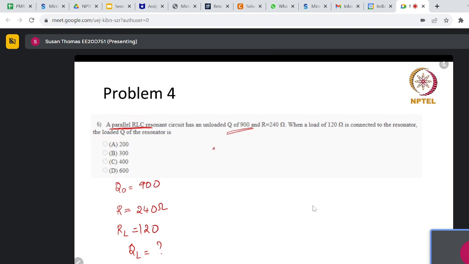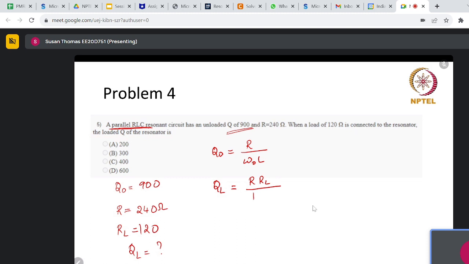So first of all, for parallel RLC, what is Q naught? R by omega naught L. Now, what is QL? See, the RL load is going to come in parallel, so you have to take R and RL in parallel.